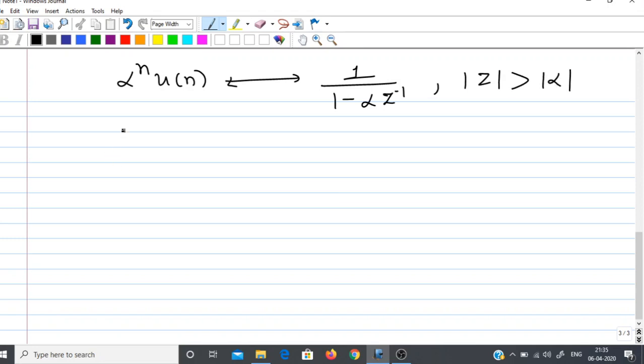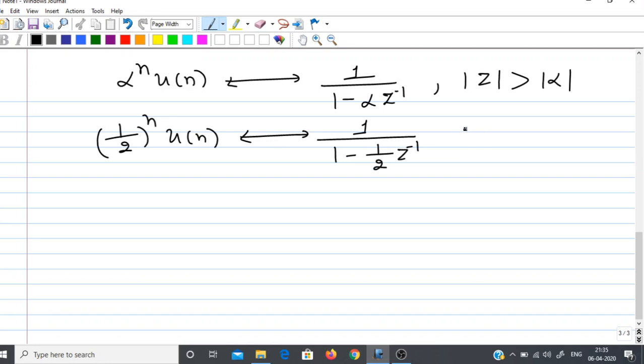Now if you compare this with our previous example, half to the power n u[n], whose z transform was 1 upon 1 minus half z inverse, mod z greater than half.